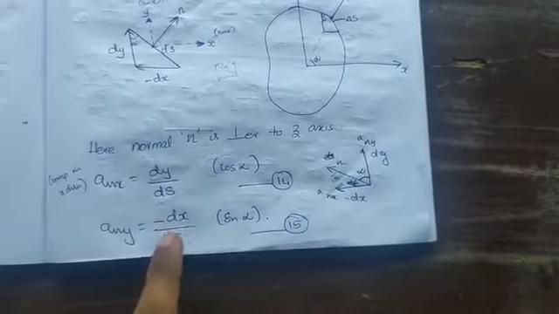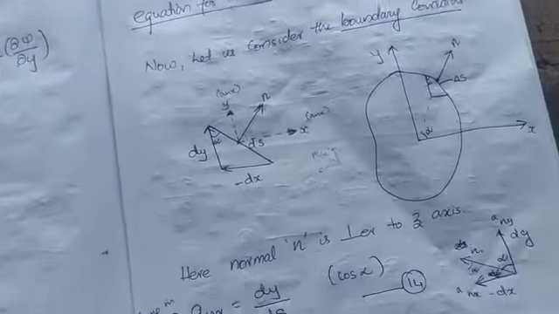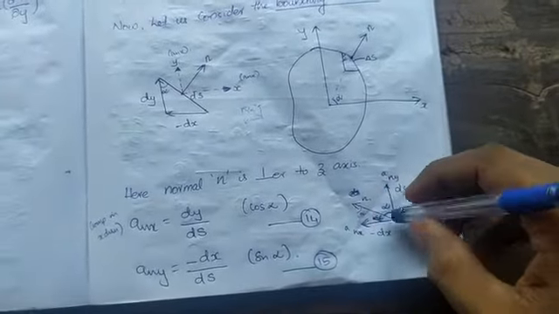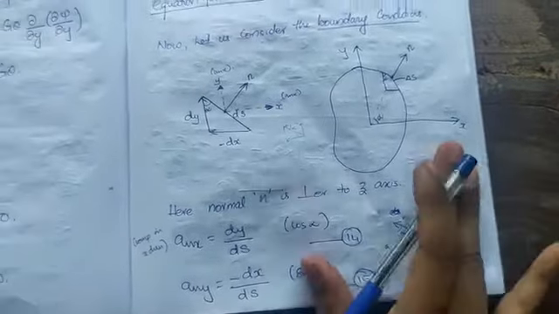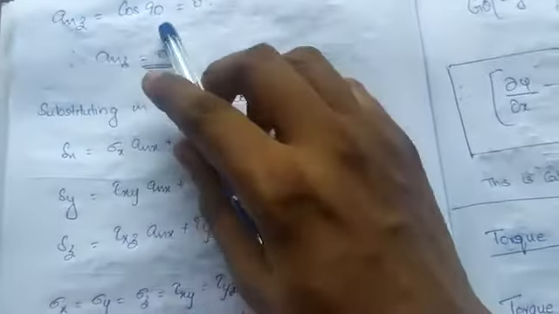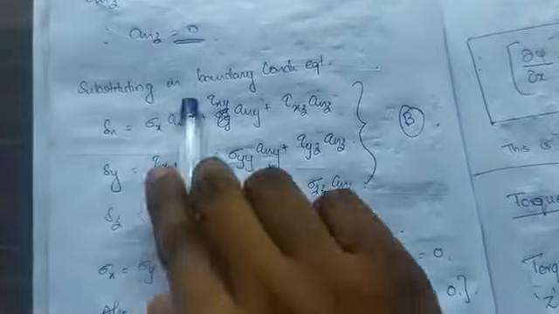And nz, see here how nz comes. This is the z direction, so the angle is 90 degrees, and cos 90 is 0, so nz is equal to 0. Now substitute this in the basic equation.